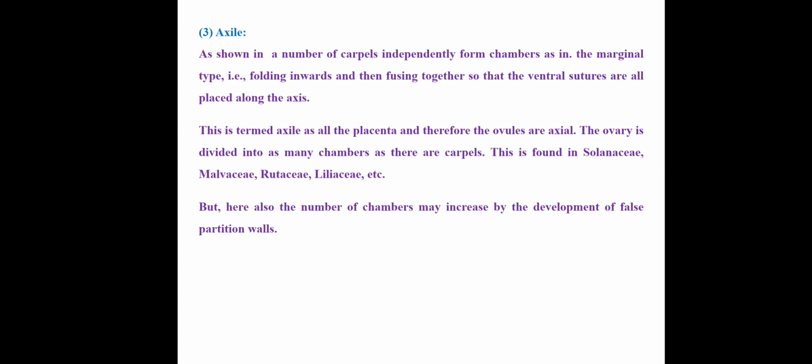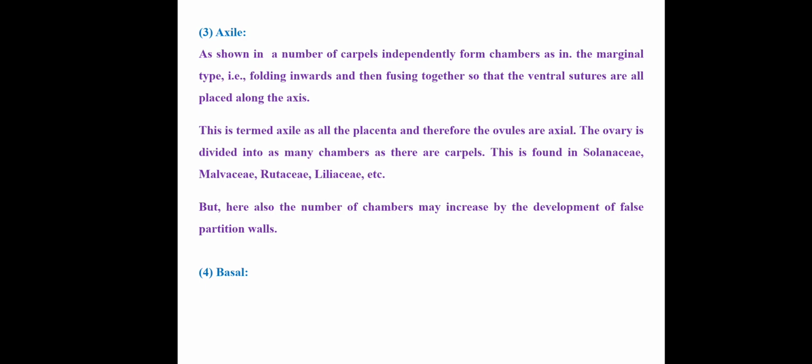So this is termed axile, as the placenta and therefore the ovules are axile. The ovary is divided into as many chambers as there are carpels. This is found in Solanaceae, Malvaceae, Rutaceae, Liliaceae and many more. But here also the number of chambers may increase by the development of false partition walls.